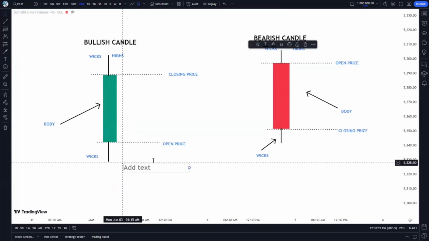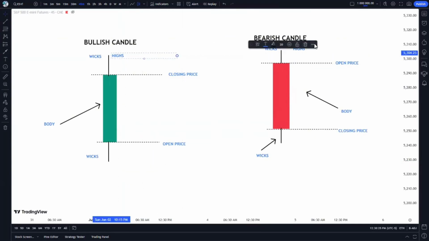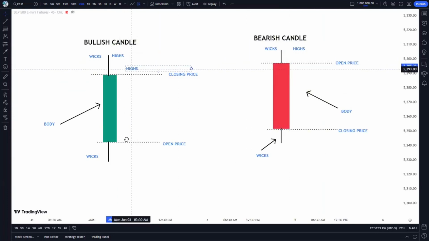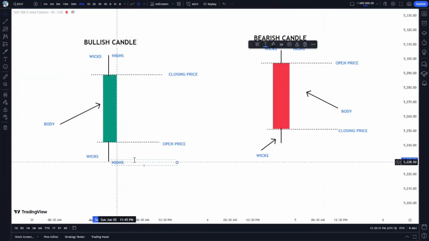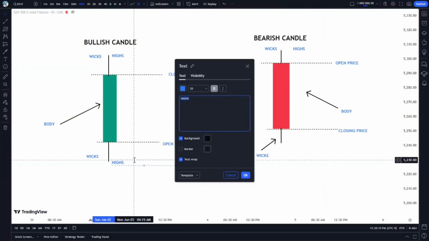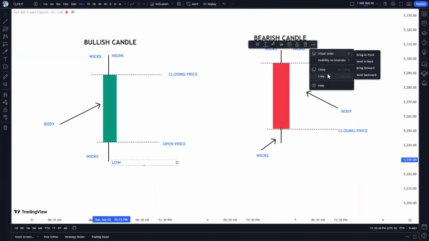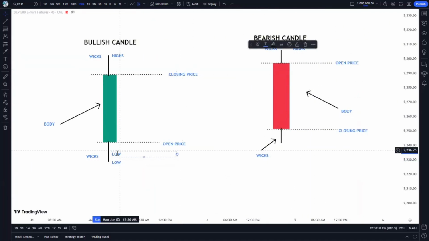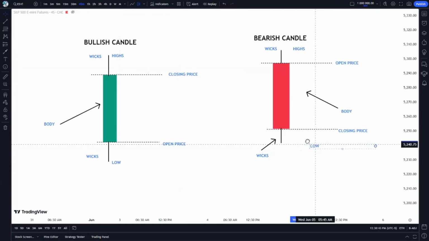So let me go ahead and finish writing that. So remember the high, that would be the highest price that the candle touched on that specific candle. So we have the low on that one. And remember the low and the high do not change, whichever candle, whether bearish or bullish.